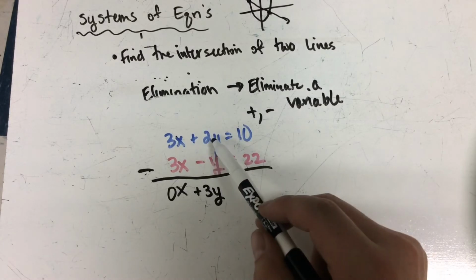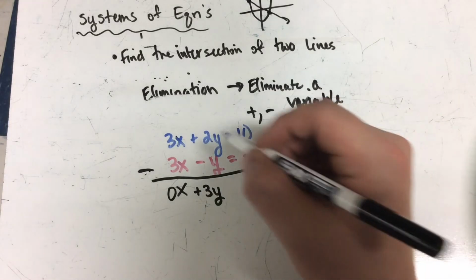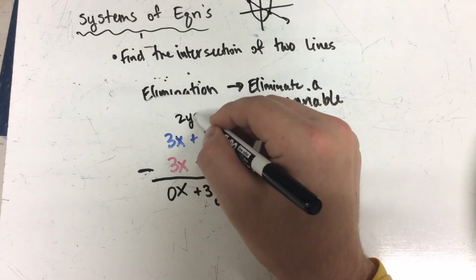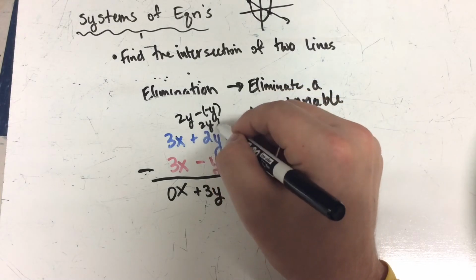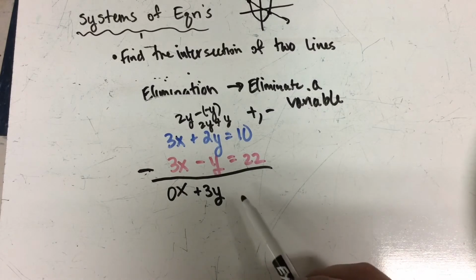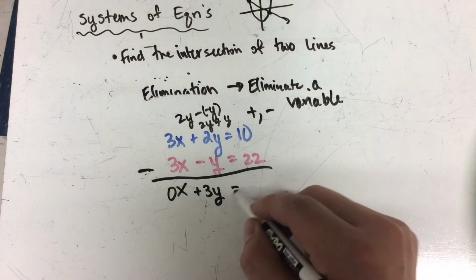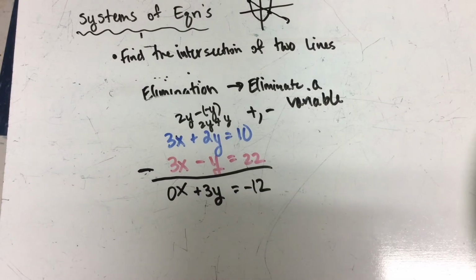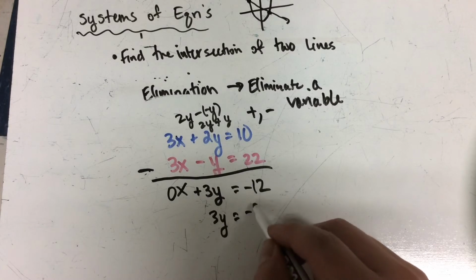Okay, again, a positive minus a negative. That's really saying 2y minus negative y, which we can rewrite as 2y plus y, because a negative times a negative is a positive. Let's see. Then we have 10 minus 22. This is negative 12. Let's go ahead and clean this up. It's going to be 3y equals negative 12.